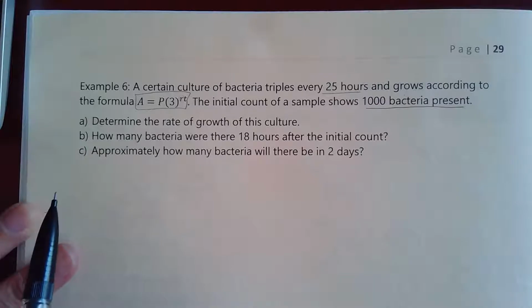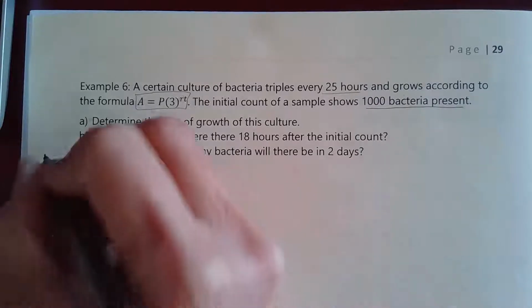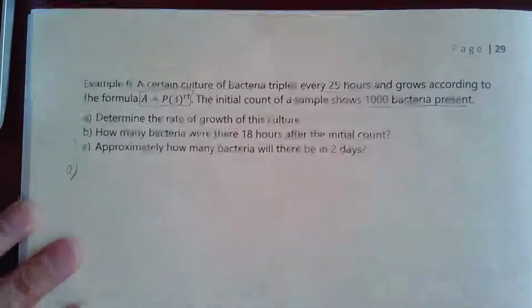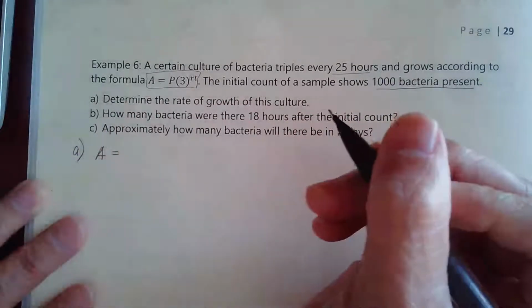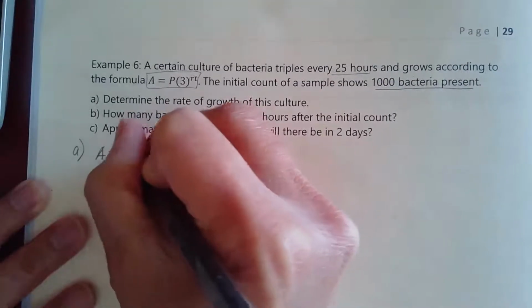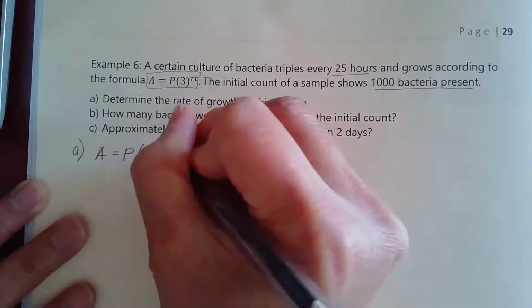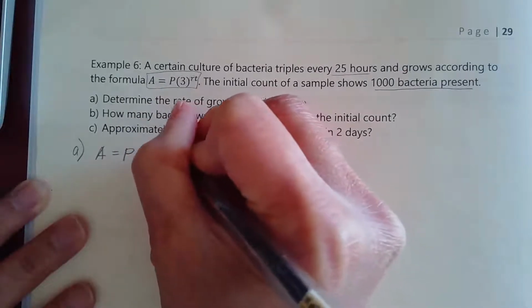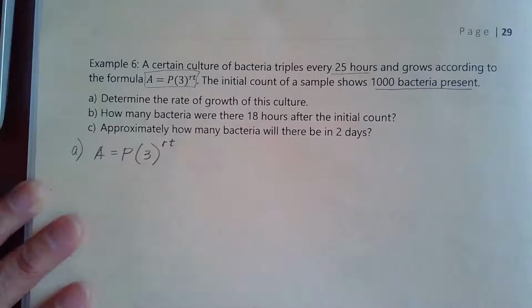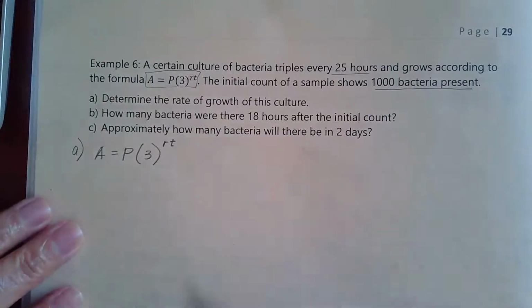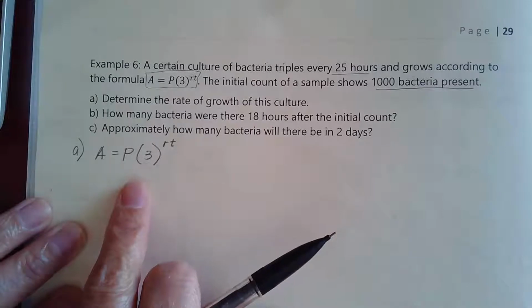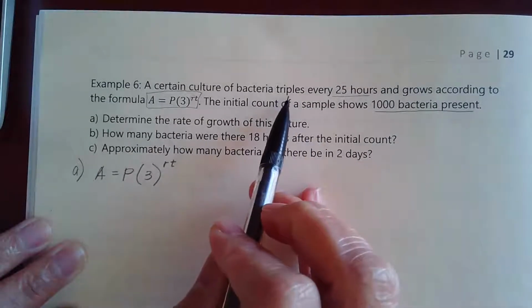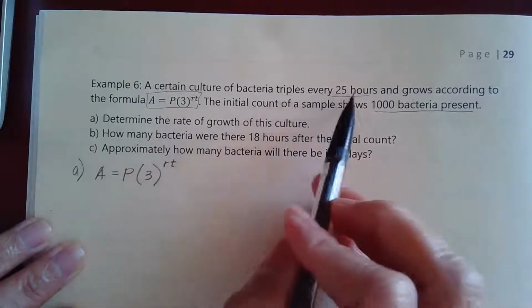The R in here. So let's take a look. Letter A: A equals P times 3 to the exponent R times T. So the rate of growth. It says it triples every 25 hours.